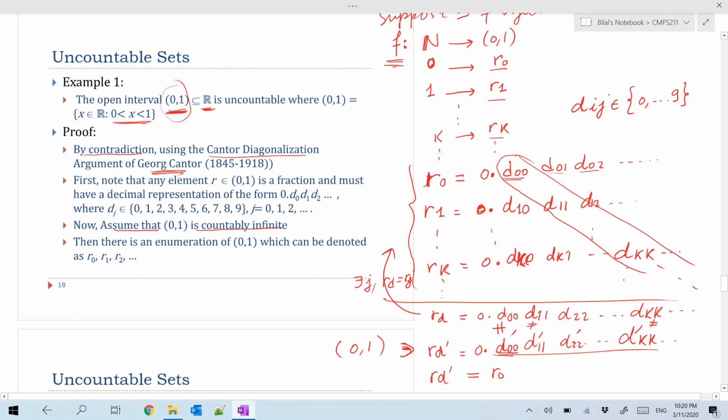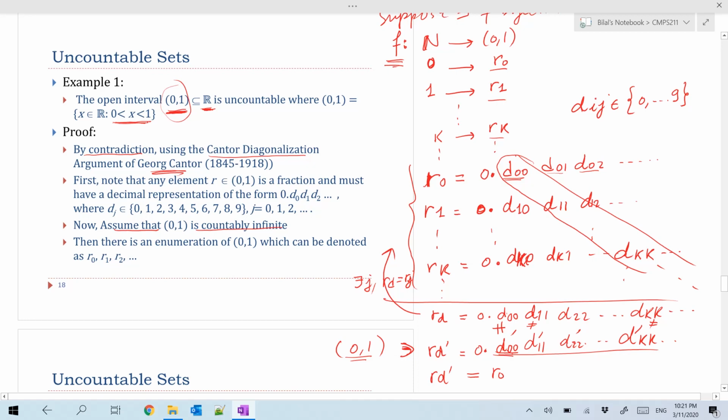Okay, so I'll repeat. By construction, I defined Rd prime to be the decimal number that exists between 0 and 1. So it's 0 point something, a certain sequence of digits, where the digits are composed as follows. Each digit number ii is completely different than the original digit in those Ris, on the diagonal of those Ris.